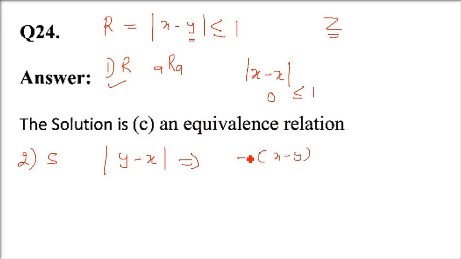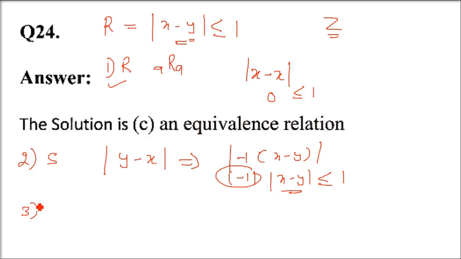This negative is essentially minus 1 into (x minus y). That is |minus 1| into |x minus y|. Mod of minus 1 is plus 1. So ultimately this is |x minus y| only. |x minus y| is less than or equal to 1. So this is symmetric as well.